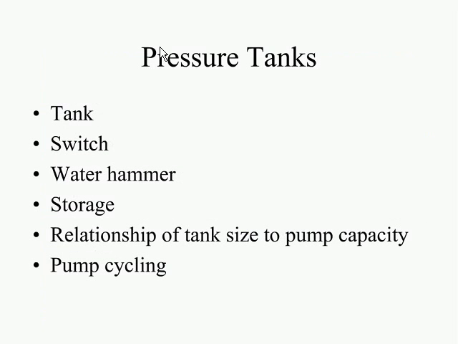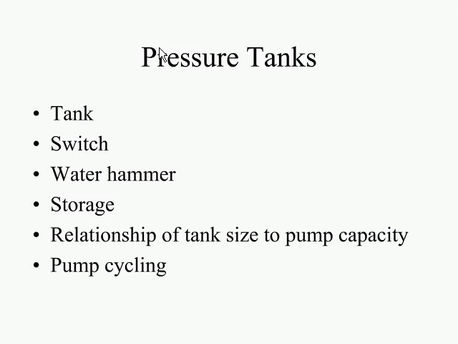Talk a little bit about pressure tanks. We have pressure tank systems. These are typically right next to your pump. You'll have a tank and a switch that controls the water into the tank. It's going to reduce your susceptibility to water hammer. Tanks can also supply a little bit of storage.